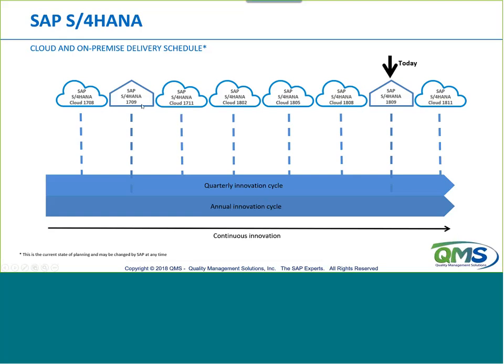The on-premise version, of course, could also be hosted, so that's sort of like a hybrid version, but the on-premise version is an annual cycle of innovation. The last release was 1709, and the one that just came out recently is 1809. So September 2017, and we're just rolling into the one released in September 2018. Quarterly on the cloud and annually on-premise.